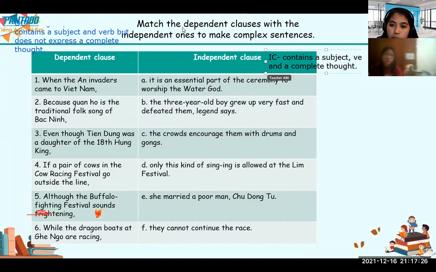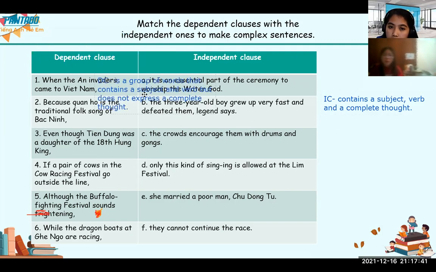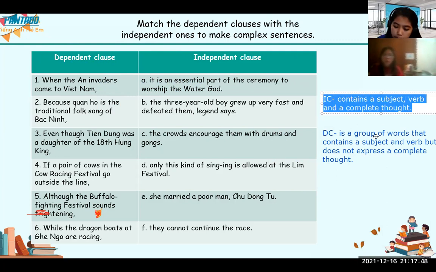Okay, I'll make this one blue. Can you please read the definition of independent clause? Contains a subject, verb, and a complete thought. Okay, very good.